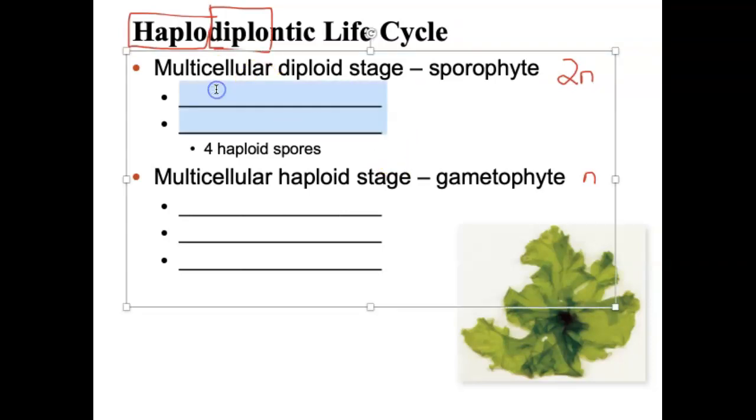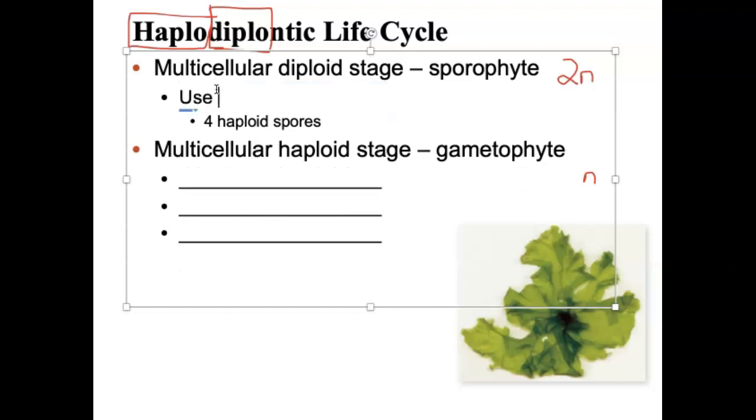I'll show you a diagram in a minute here, but let's get some concepts on the page. So we're going to start with the multicellular diploid organism. Let's call it the sporophyte. The sporophyte will use meiosis, that cellular division process, to produce spores.